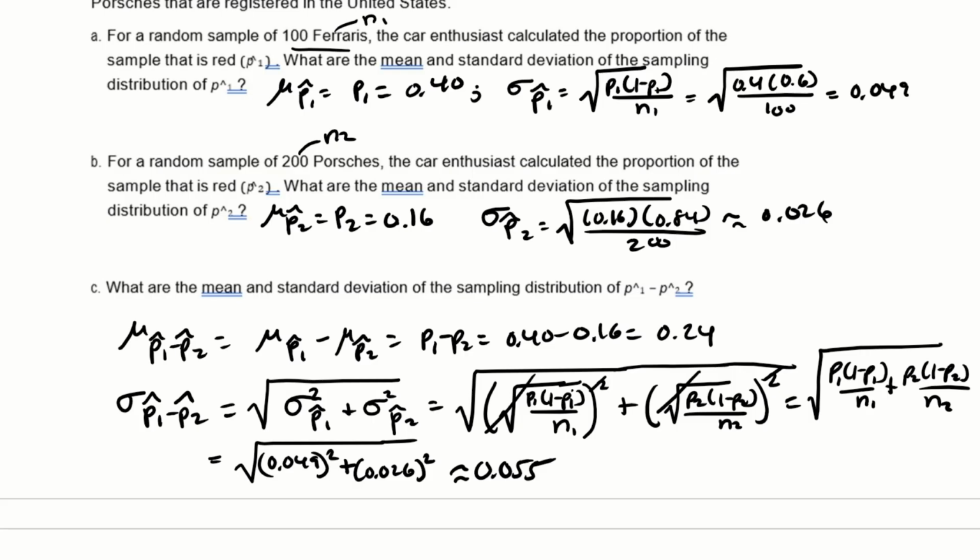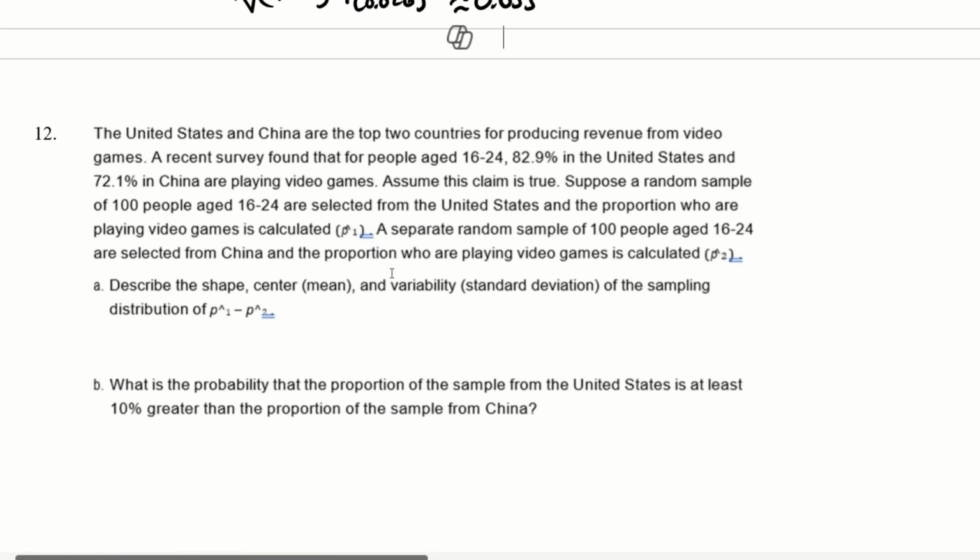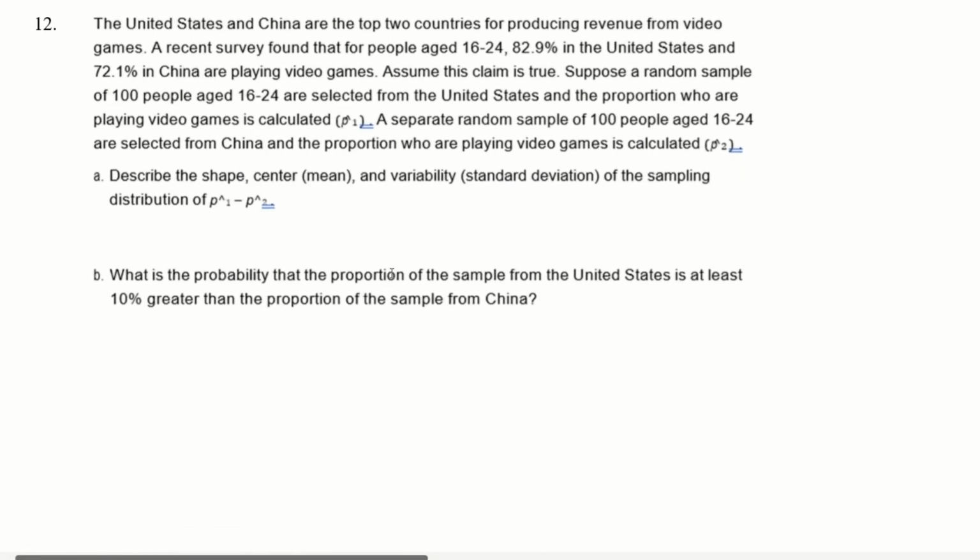All right, number 12. The United States and China are the top two countries for producing revenue from video games. A recent survey found that for people aged 16 to 24, 82.9% in the United States and 72.1% in China are playing video games. Assume this claim is true. Suppose a random sample of 100 people. Okay, so let's start labeling.